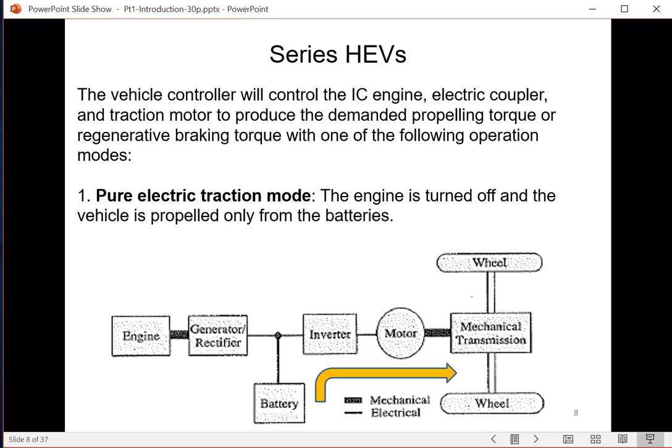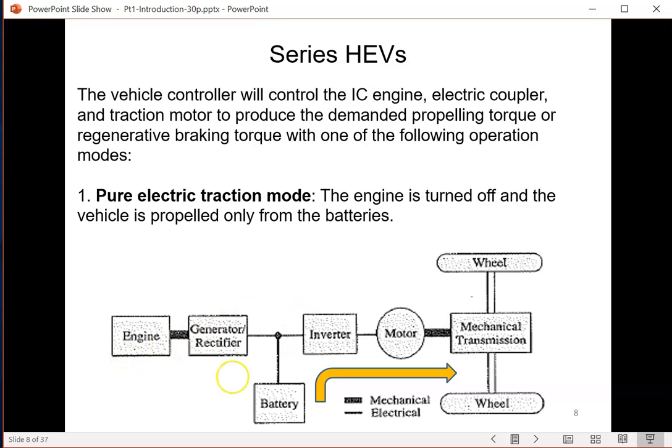Now, series hybrid electric vehicles can work in a number of different modes. Over here on this slide, I found a different diagram, which is really the block diagram of the overall configuration that I showed you in the previous slide.